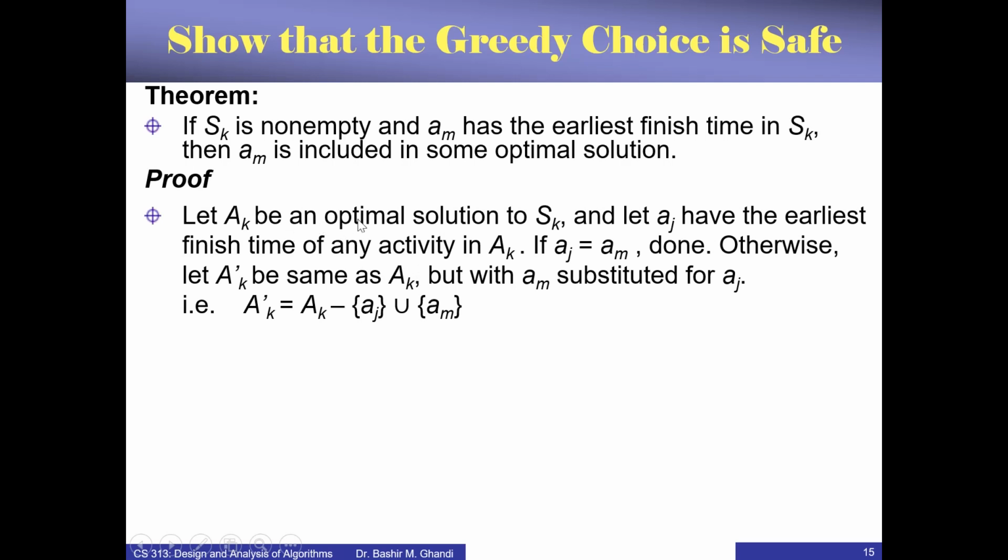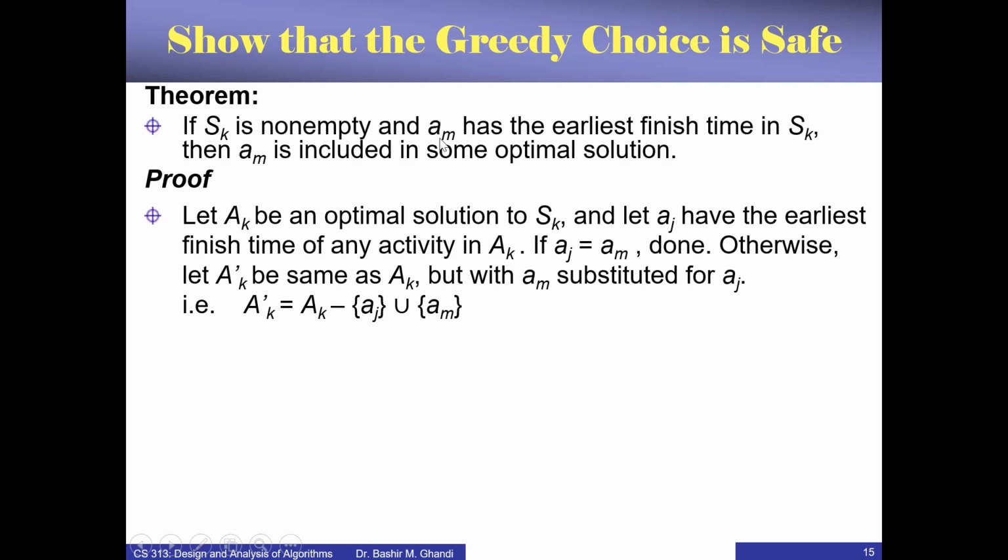So let Ak be an optimal solution to Sk, and let Aj have the earliest finishing time of any activity in Ak. Now we're going to try to show that either Am is equal to Aj, or we can substitute Aj with Am in the set Ak.